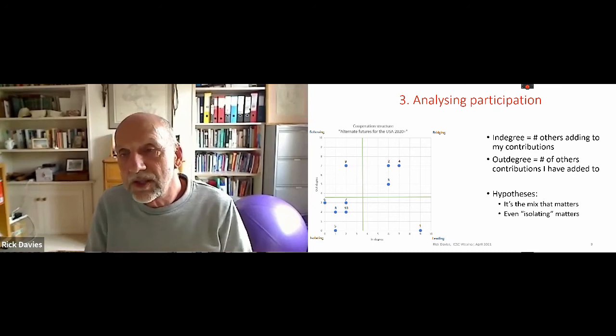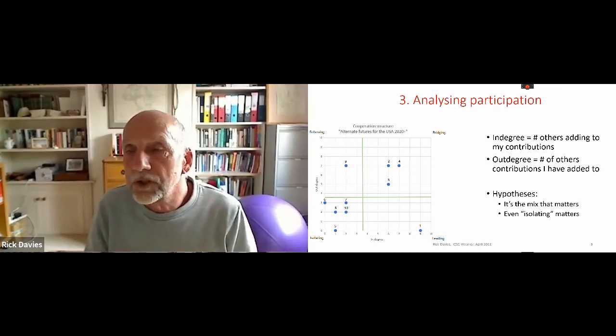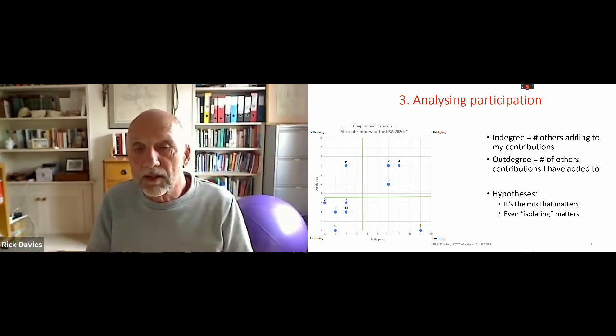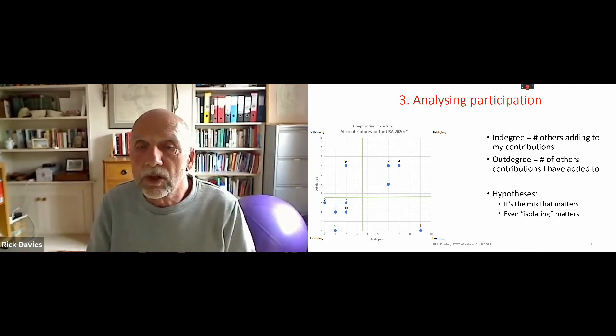And the interesting question here is, what difference does it make, this pattern of cooperation and working together? What difference does this pattern make to the types of storylines that we're looking at?